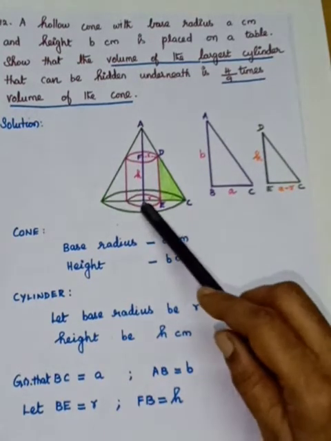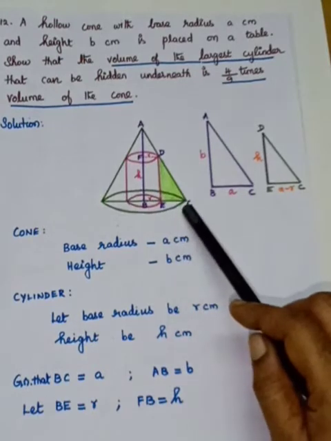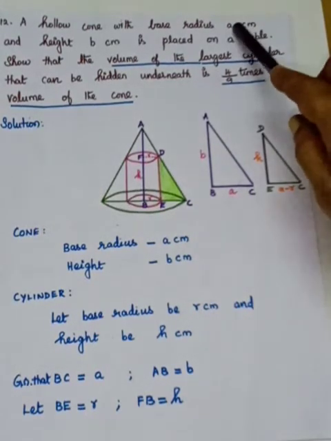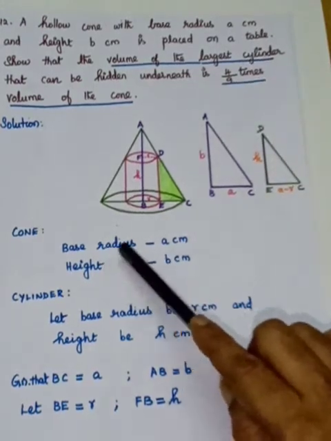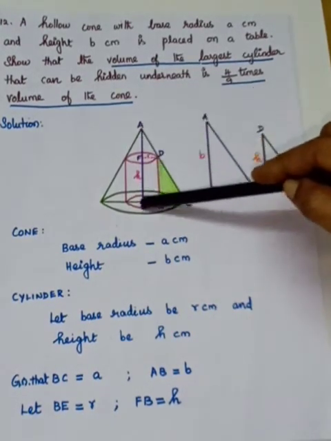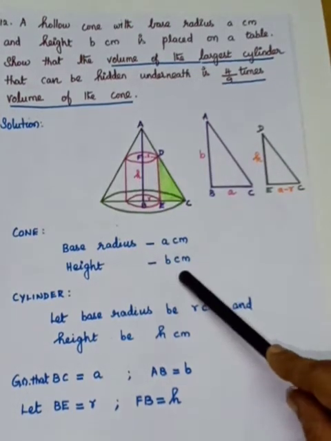You see now, which is the base radius? BC is the base radius of the cone. That is given as a centimeter. And what is the height of the cone? That is AB, equal to b centimeter.